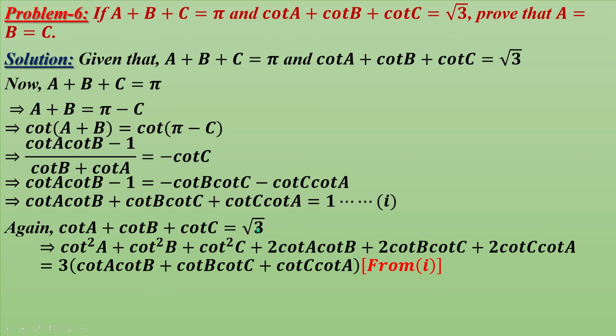But 3 we can write as 3 into 1, and 1 is equal to cot a cot b plus cot b cot c plus cot c cot a from equation 1. So we can write this as 3 into that. When we convert this into the left side, we'll get minus 3 cot a cot b minus 3 cot b cot c minus 3 cot c cot a. Now follow next.